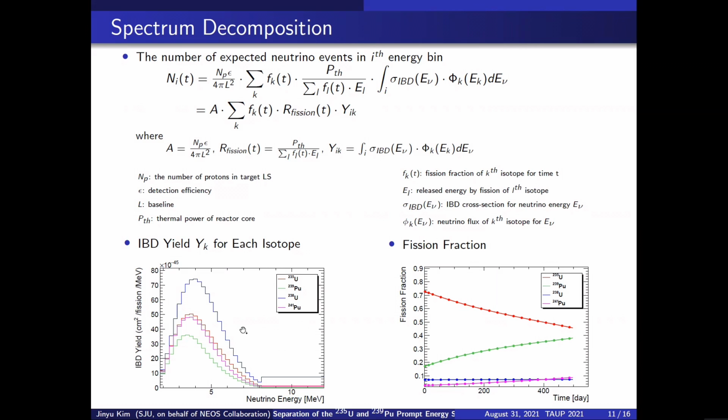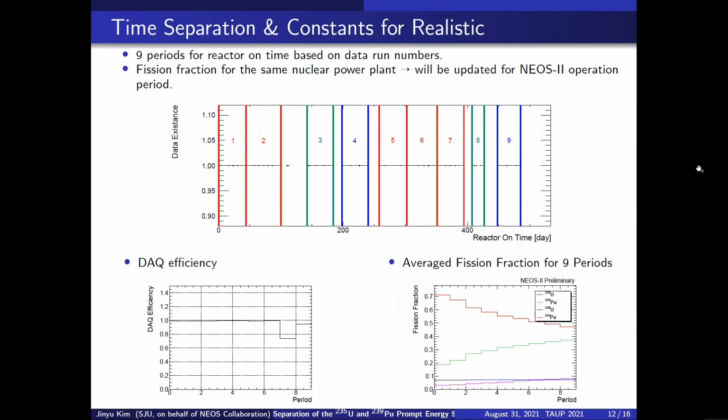This is the IBD yield for each isotope. These are the fission fractions for each isotope over the fuel cycle. A method for separating reactor-on time data was tested in many ways, and 9 periods are separated based on data run numbers.